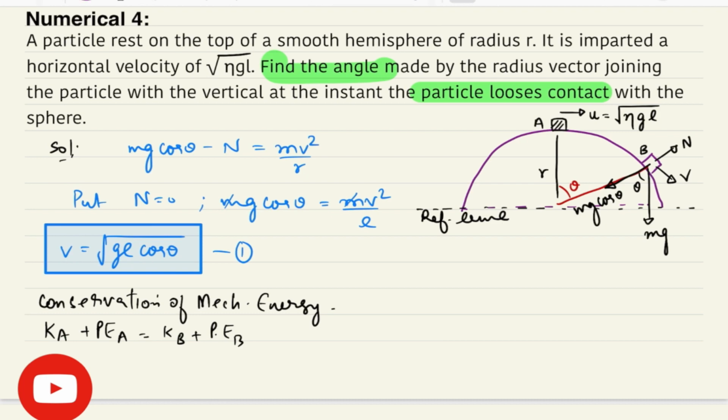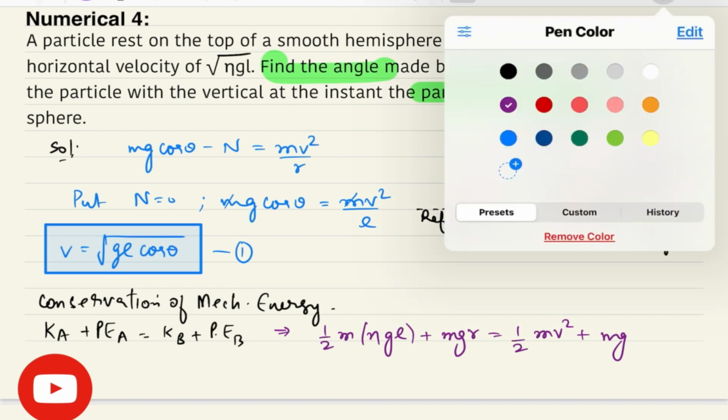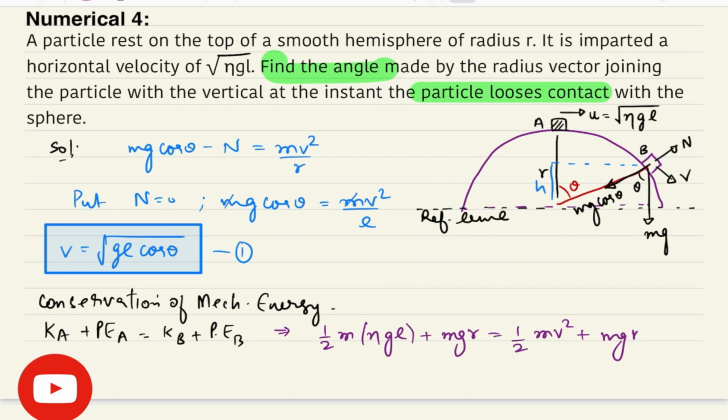Kinetic energy at A is equal to 1 by 2 m u square, which comes out to be eta g L, and the potential energy is mgr. At B, the kinetic energy is half m v square, and the potential energy is mg h. This h is the height of the block, which is equal to r cos theta.